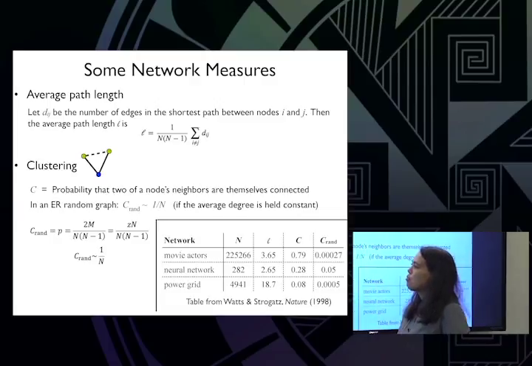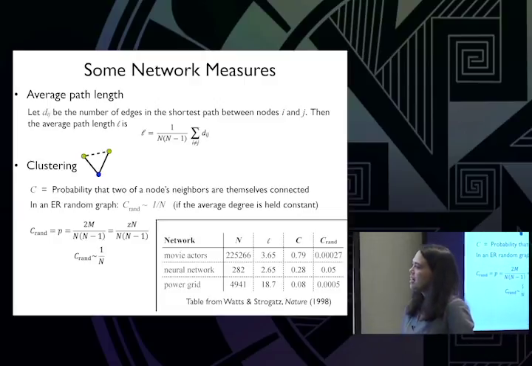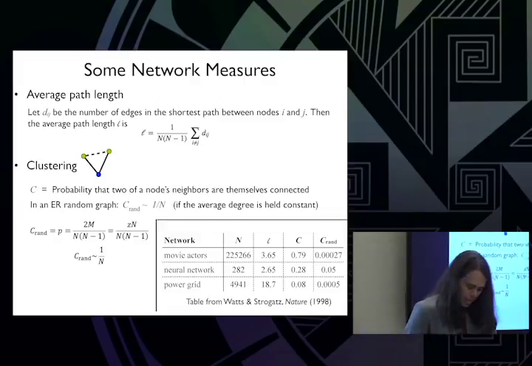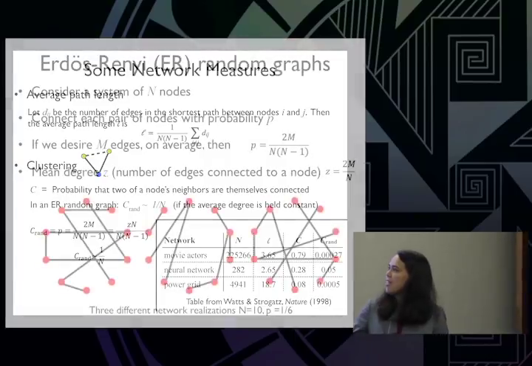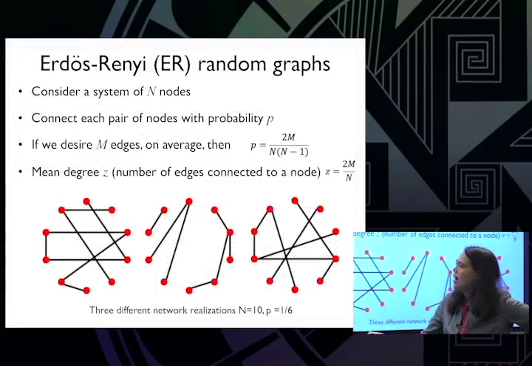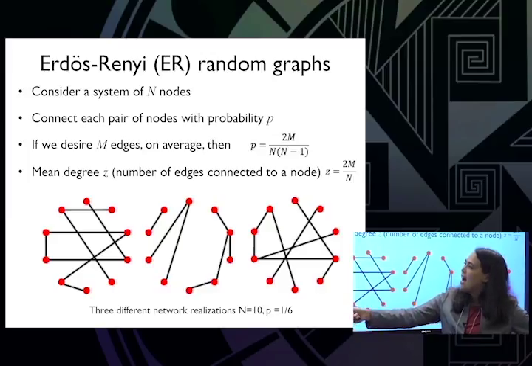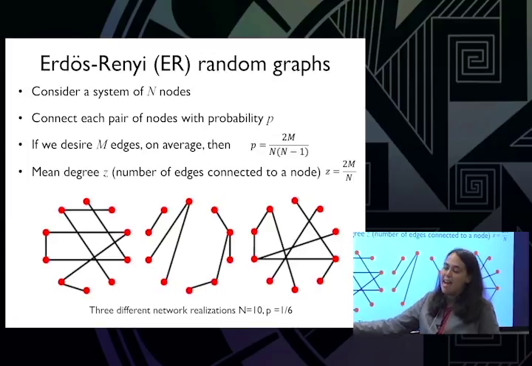And in an Erdos-Rényi graph, this probability, okay, so let's say I take an Erdos-Rényi graph, and I have a number of nodes n, and the mean degree, the average number of edges connected to a node, is going to be 2m over n, right?